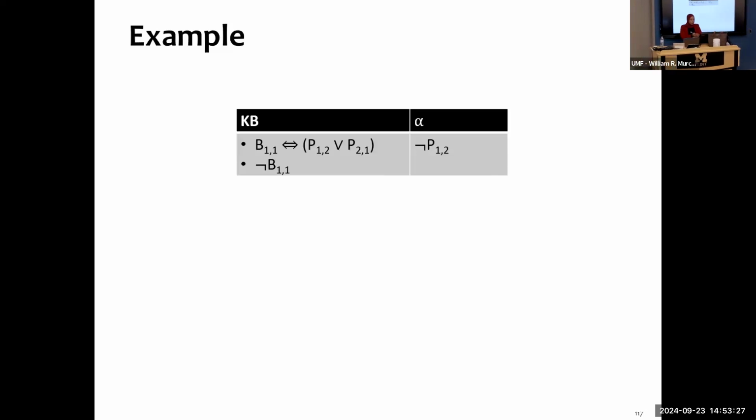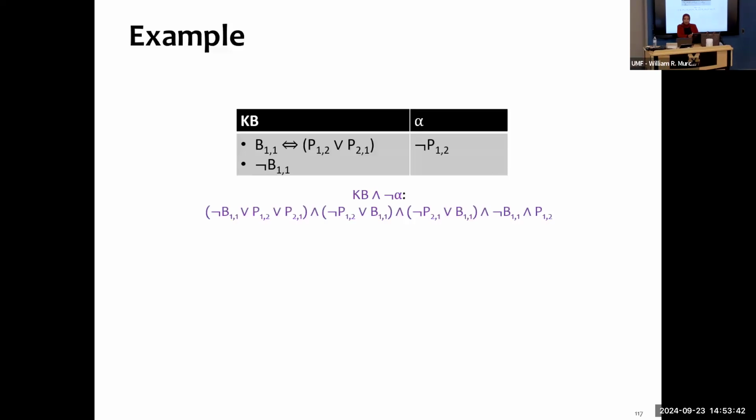How? So we need to go first of all, we have B11 and not B11, and our alpha in this case is not P12. Okay, so how to do so? We have our knowledge base here. We have both KB and not alpha. This is what we were saying we will do.